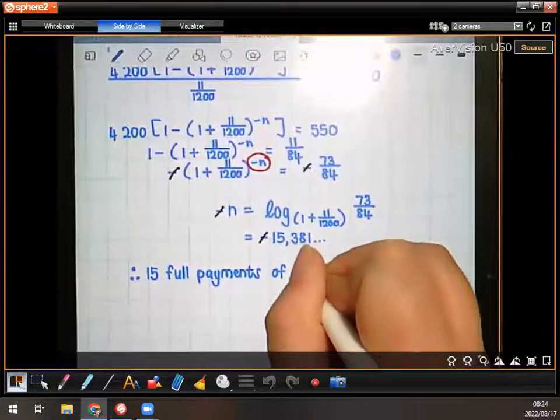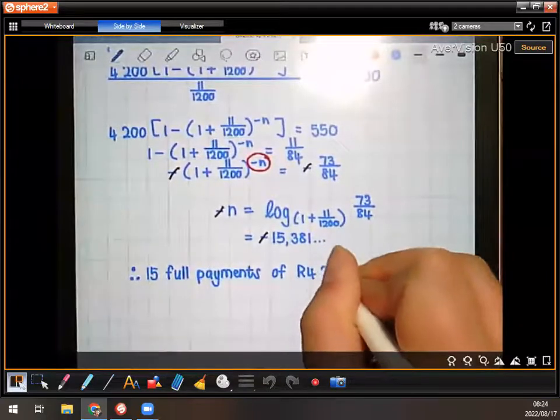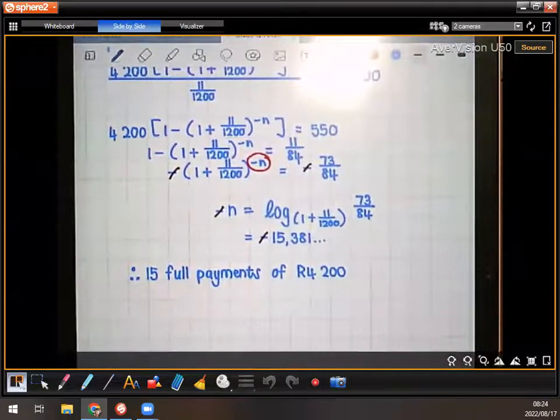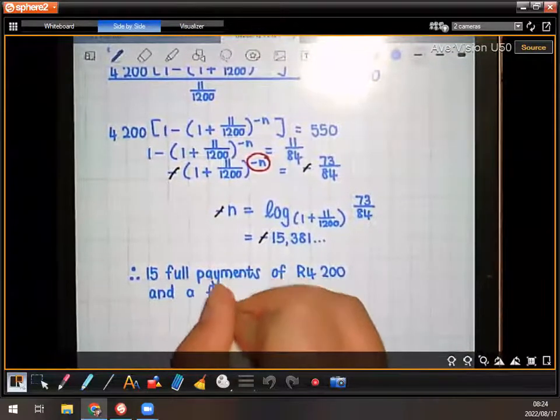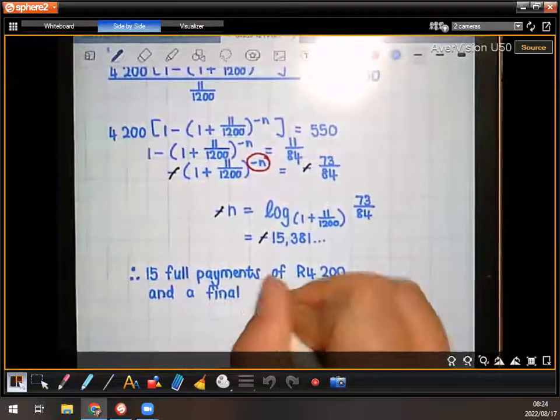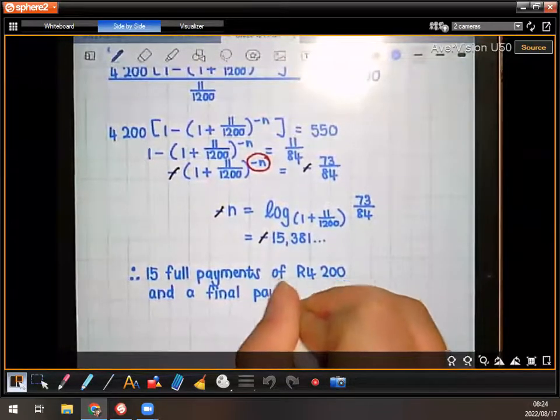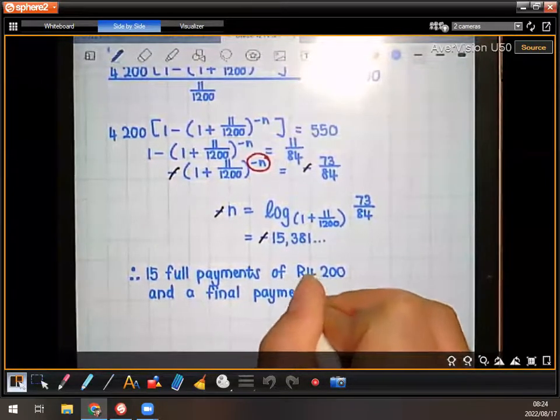4,200 rand. This is a bit more than what you would normally write in a test or exam, but since it's the first example, it's like the full answer. Then you're going to have a final payment that is actually going to be less than 4,200 rand.